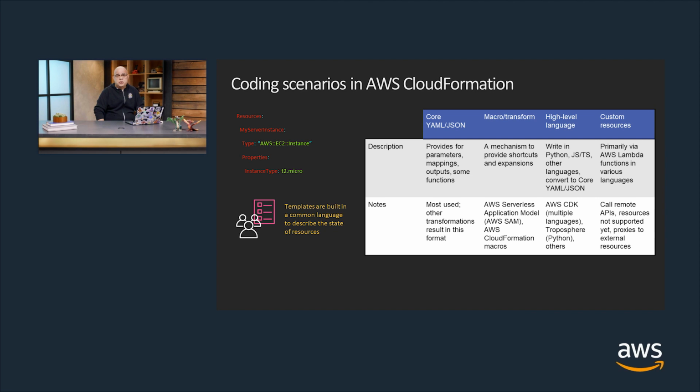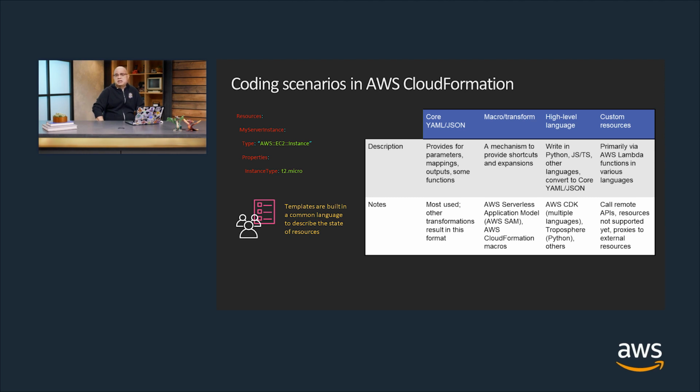And like I said, this is the most used, and you'll find that any transformation that you might do from another tool or from another language will result in this YAML or JSON format. And like I mentioned before, we have millions of customers creating tens of millions of stacks, and they all resolve to these templates that eventually are converted into functional stacks.